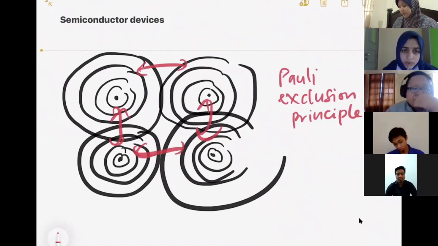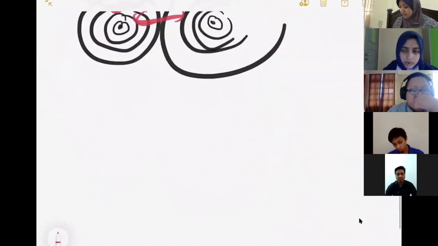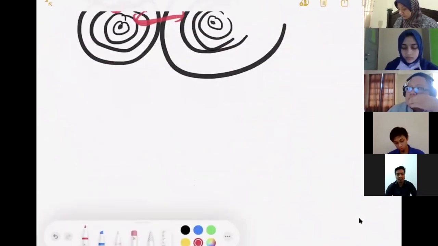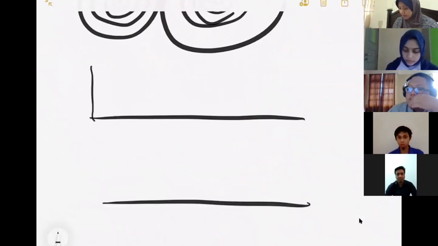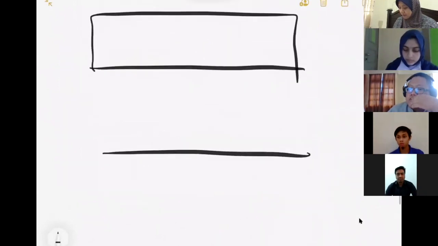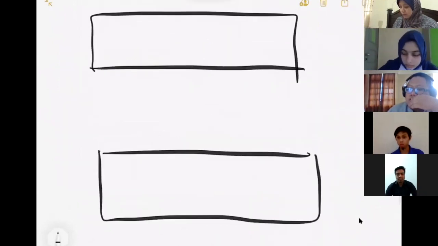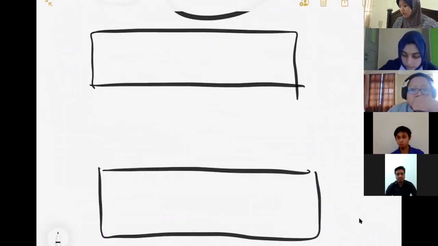Each orbital here is an energy level. Because it's very packed, in the end they will have two bands. They become separated because of this principle. The top is called the conduction band and the bottom is the valence band.